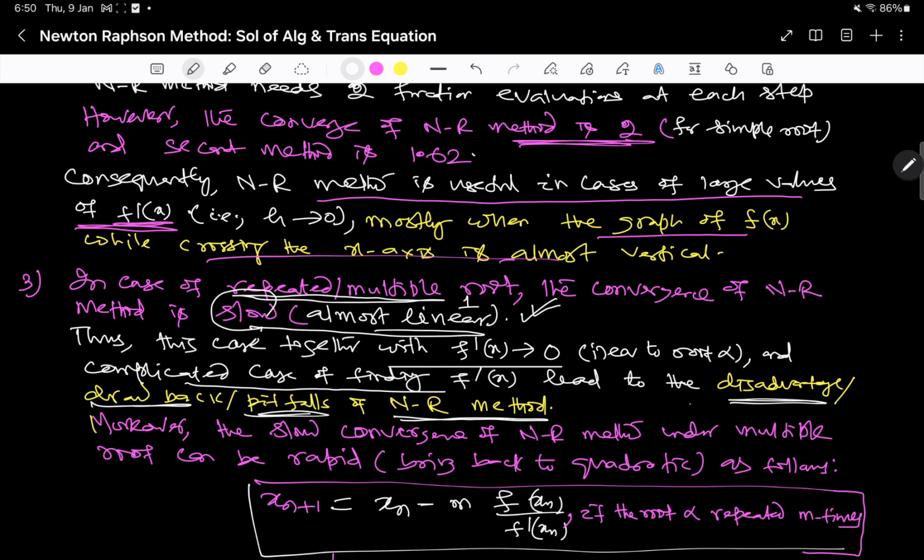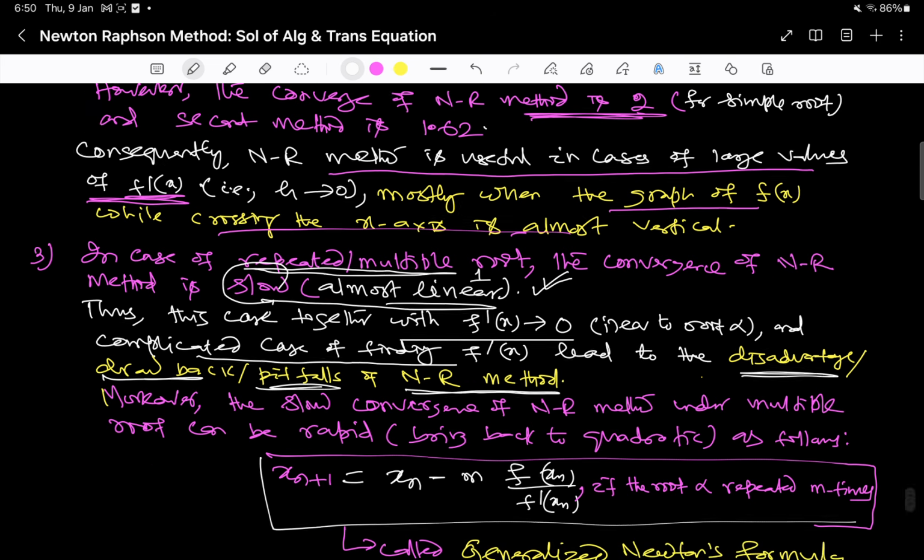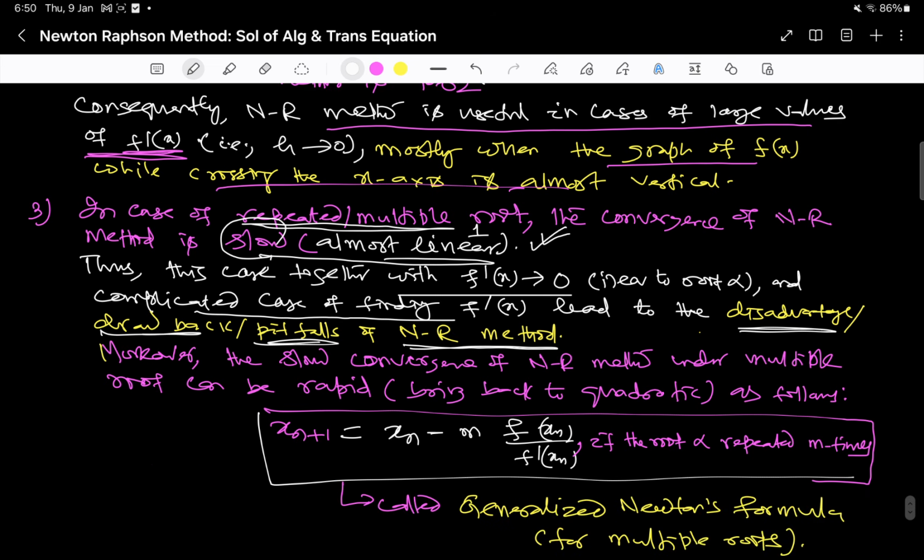Sometimes such questions are asked, the drawbacks of the NR method, right? Moreover, this slow convergence can be overcome by using a generalized formula. If your root alpha is repeated m times, then we modify the formula like this, just an m is multiplied here. So these are the important remarks of the NR method.